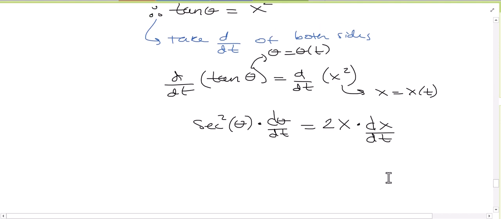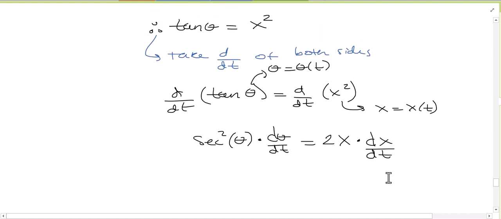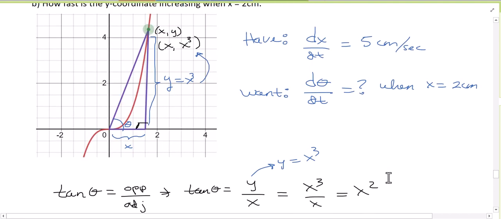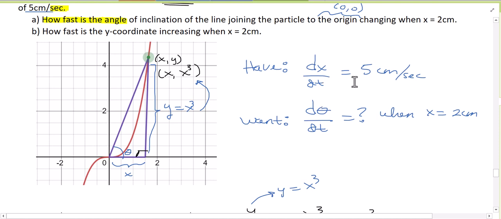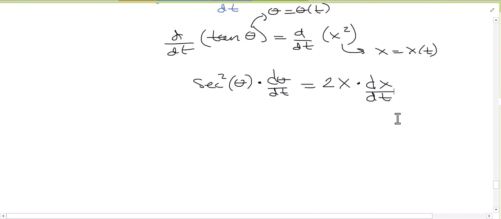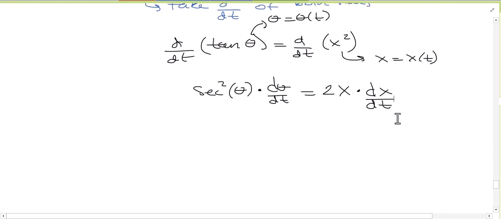And now we can put in what we know. What do we have? So we have dx dt, which is 5 centimeters per second. We don't know d theta dt, but we want to know d theta dt when x is 2 centimeters. So we're going to put that in now.